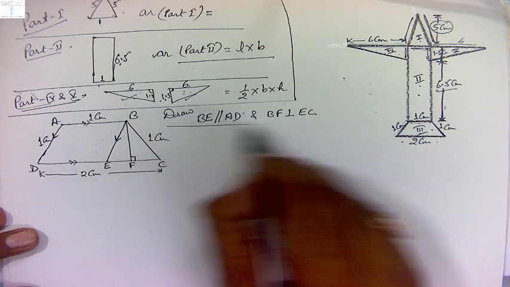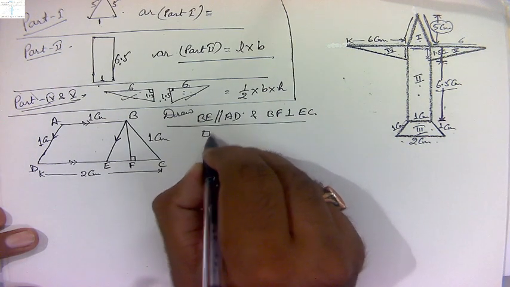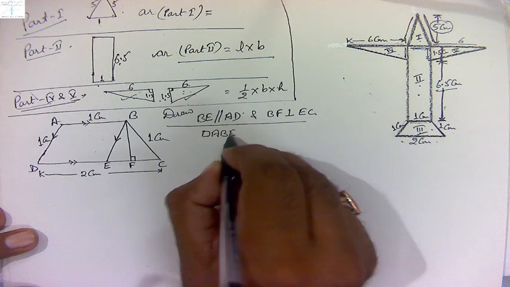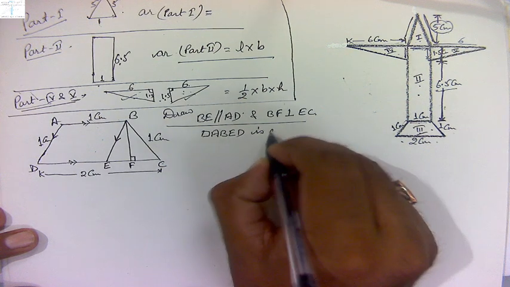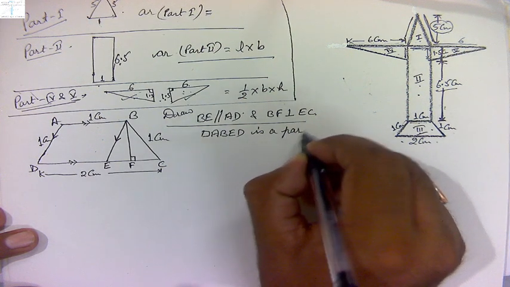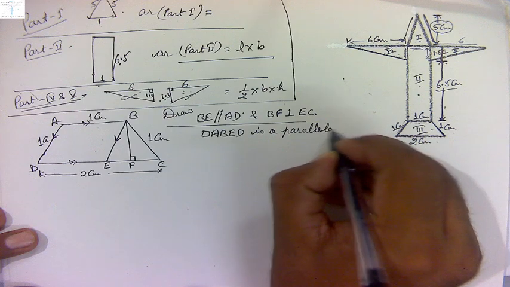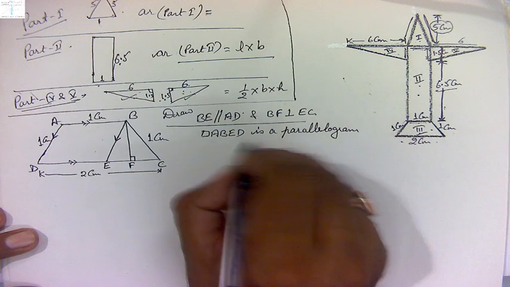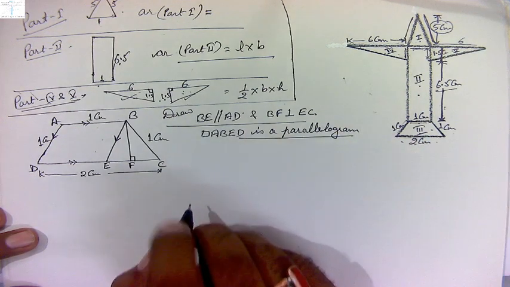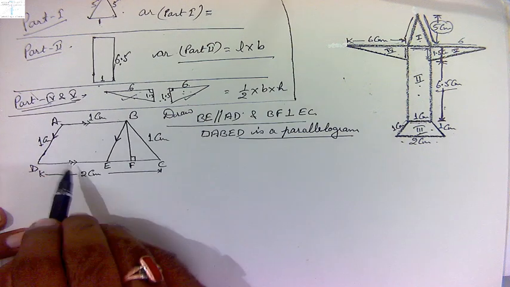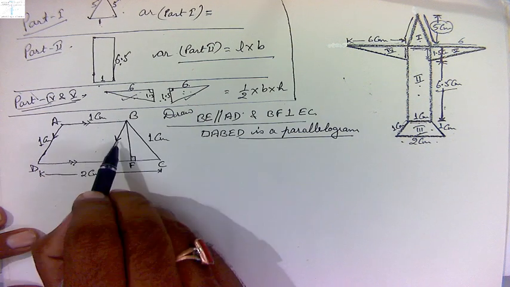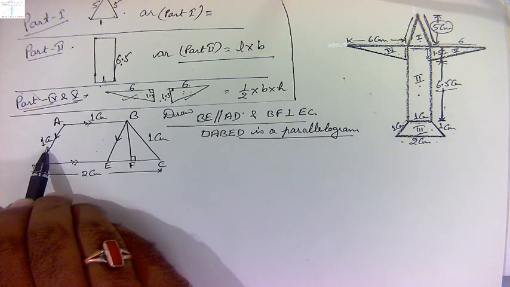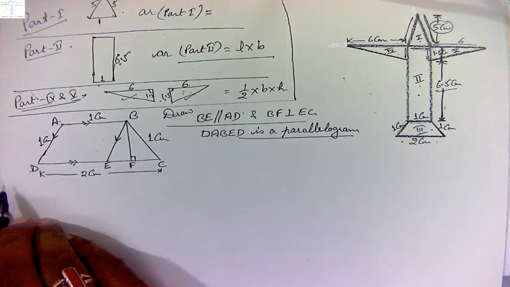Now after drawing this, your quadrilateral ABED is a parallelogram. Why does it become a parallelogram? Because one pair of sides is already parallel and the other pair we are drawing parallel. So this becomes a parallelogram.